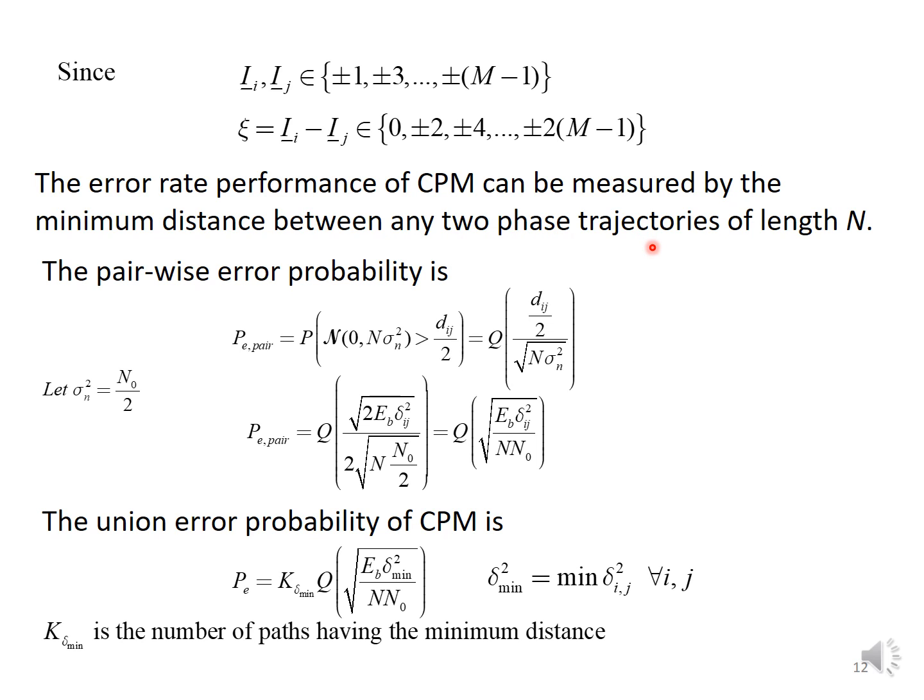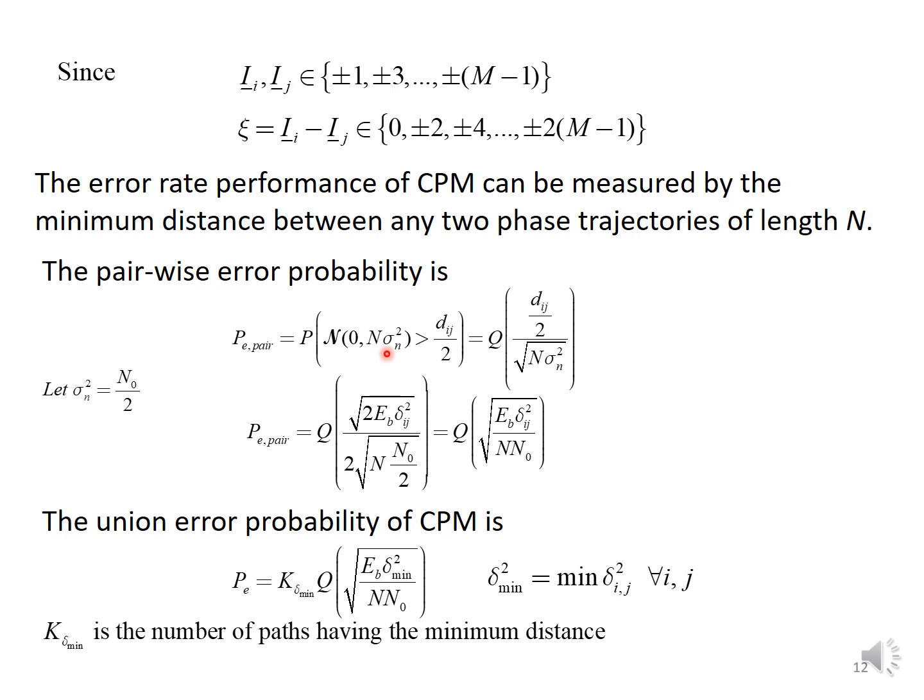The minimum distance can be found as the minimum distance between any two paths, as we have learned from the previous pairwise symbol-by-symbol detection. The path itself is a random variable.